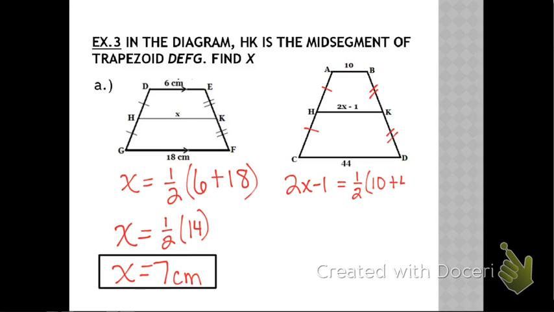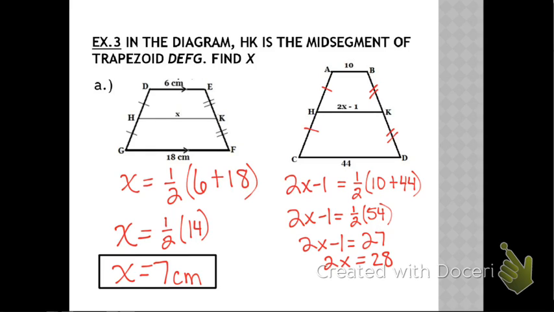So 10 plus 44. All right, just a little bit of algebra work to solve this. Add 1 to both sides, you'd have 2x is equal to 28, and when we divide, we would get x is equal to 14.